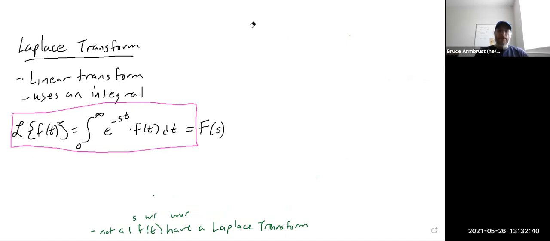All right, so let's start really easy. Let's do the Laplace transform of 1. So it's a constant function. It's just 1. That means we're going to integrate from 0 to infinity e to the minus st times 1.